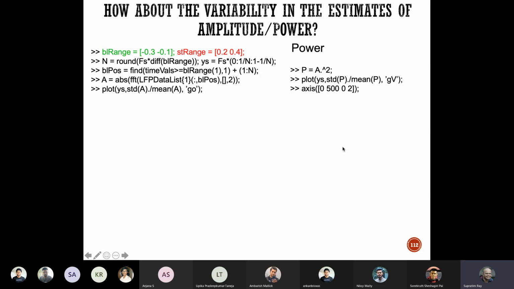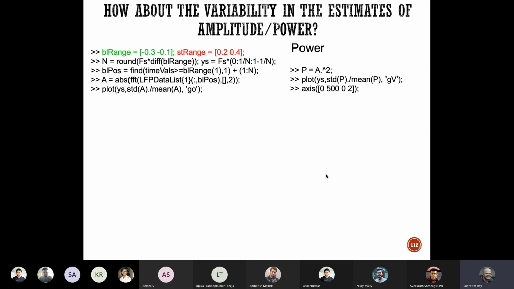Okay, so what does that mean? Think about, let's say, line noise, or alpha rhythm or gamma rhythm, or some rhythm which is extremely consistent across trials. Let's think of line noise. Line noise doesn't really change, right? It's just some 50 hertz noise that you are catching.